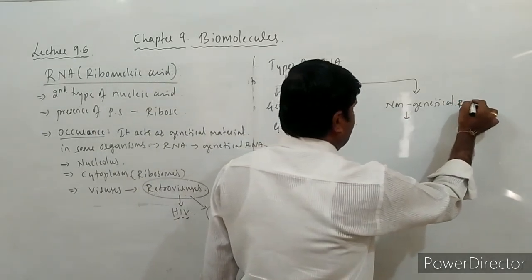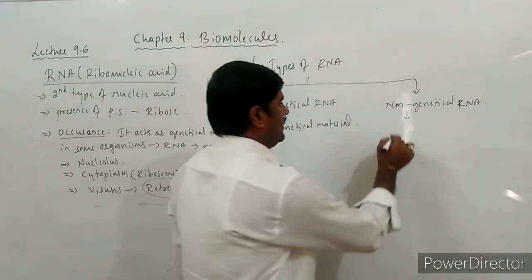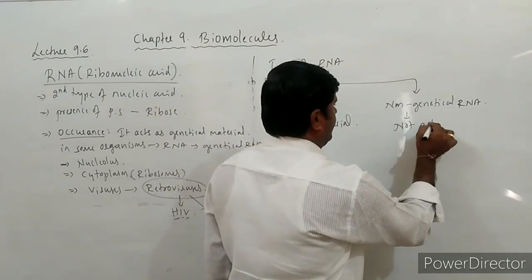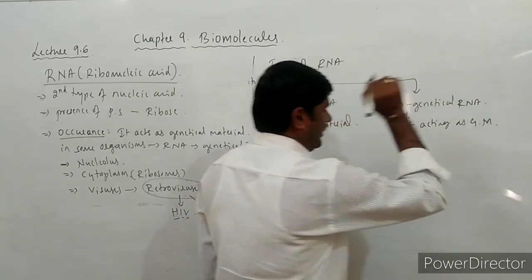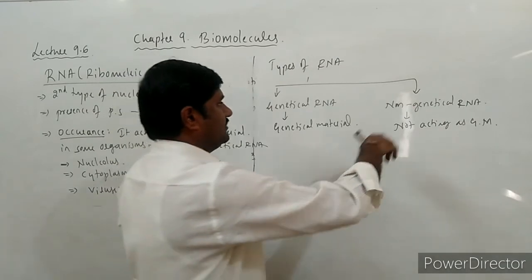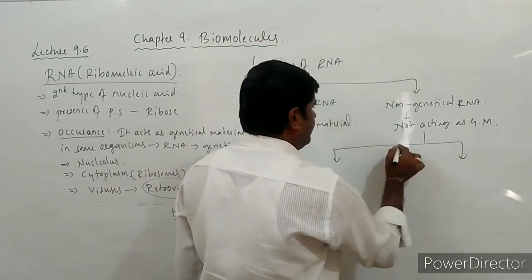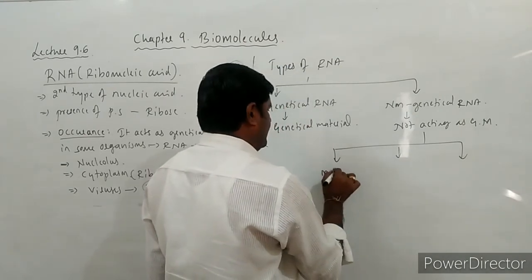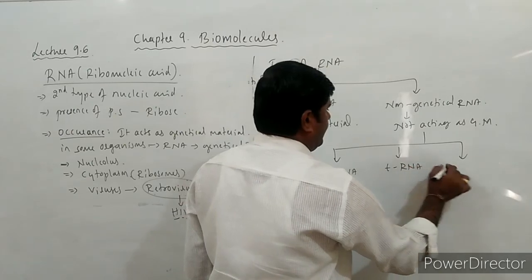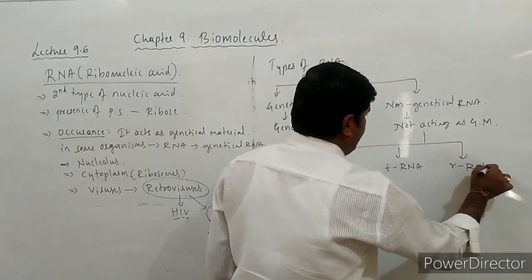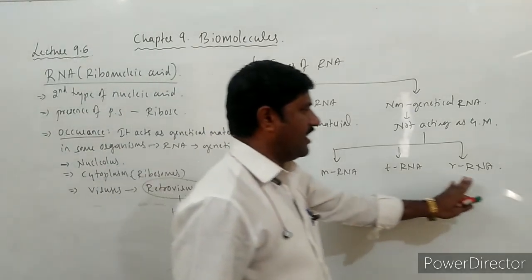Non-genetical RNA is the RNA which is not acting as genetical material. These non-genetical RNAs are again classified into different types: mRNA, tRNA, and rRNA.